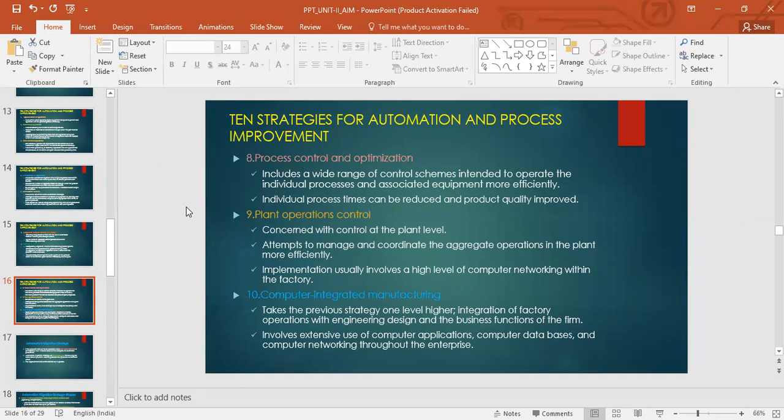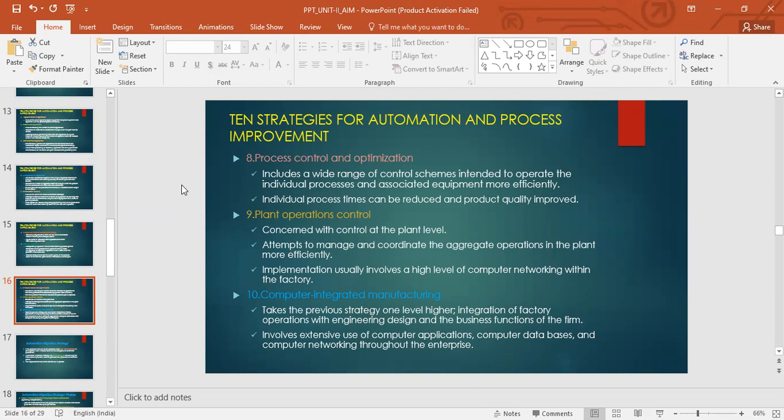And plant operations control is concerned with control at the plant level. It attempts to manage and coordinate the aggregate operations in the plant more efficiently. Implementation usually involves a high level of computer networking within the factory. So if the workstations are connected, with a high level of computer networking, then only you can have this plant operations control.